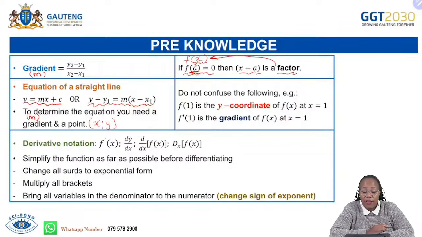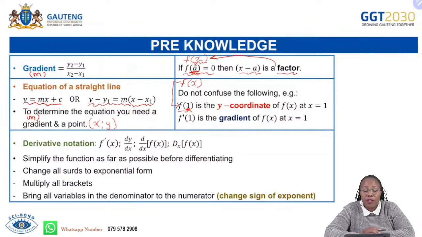Okay, and then do not confuse the following. For an example now, if you are given f at x, the original function given to you, and you substitute your x with any value, in this case a positive 1, is the original f at x as it is?